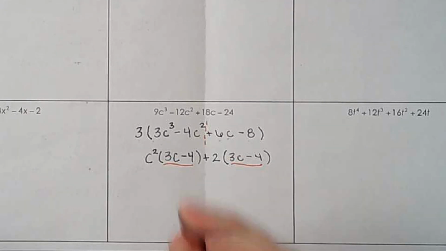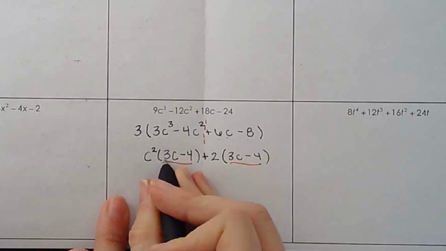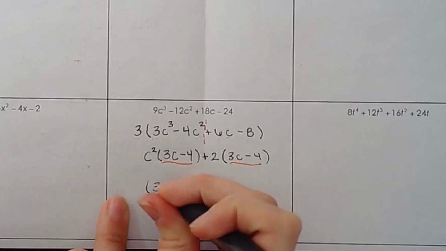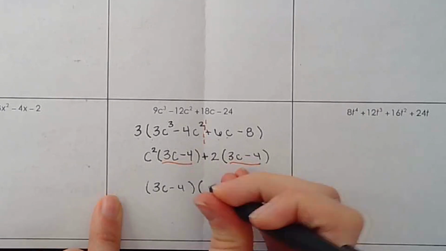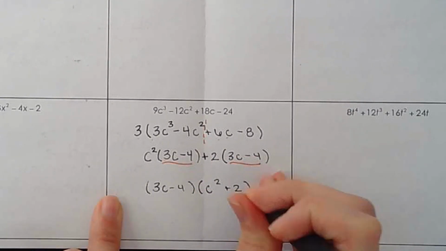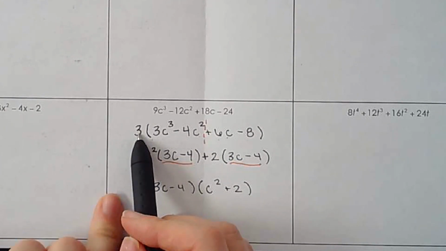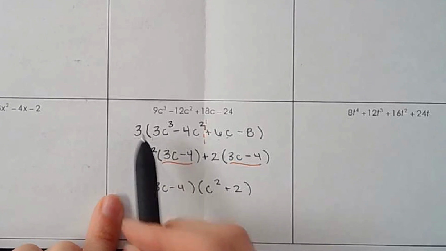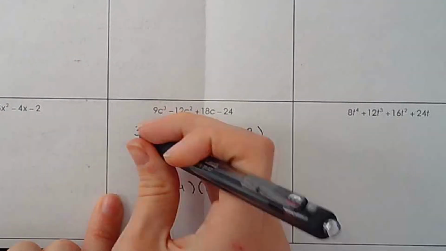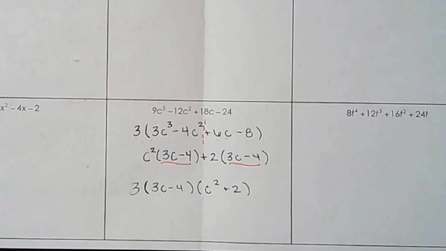So when I write my final answer, I can pull out the factor that they have in common, 3c minus 4. And what I'm left with is c squared plus 2. But I also have this 3 that I factored out at the very beginning. That was my GCF. So this is also a factor of my polynomial. So that I would just drop right down in front.